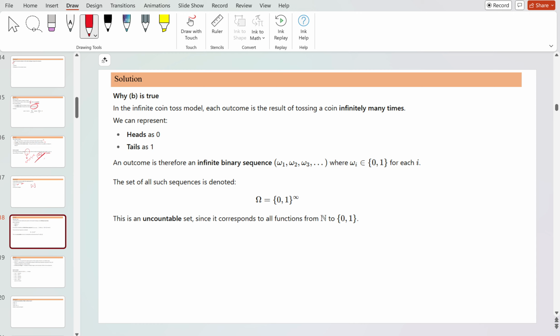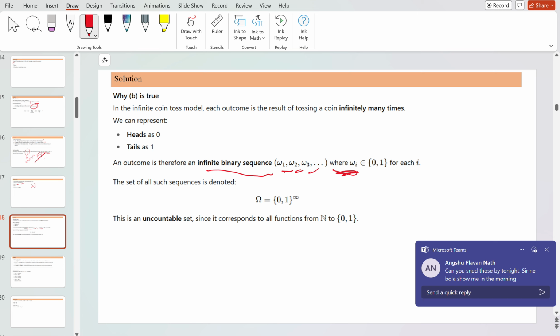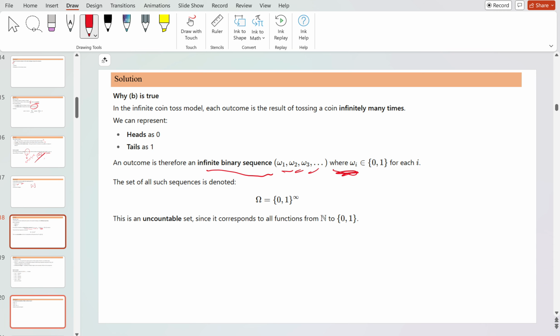So the outcome is an infinite binary sequence omega 1, omega 2, omega 3, and so on, where each omega i belongs to {0, 1}. That's why the set of all such sequences, denoted by omega, is equal to {0, 1} to the power infinity.